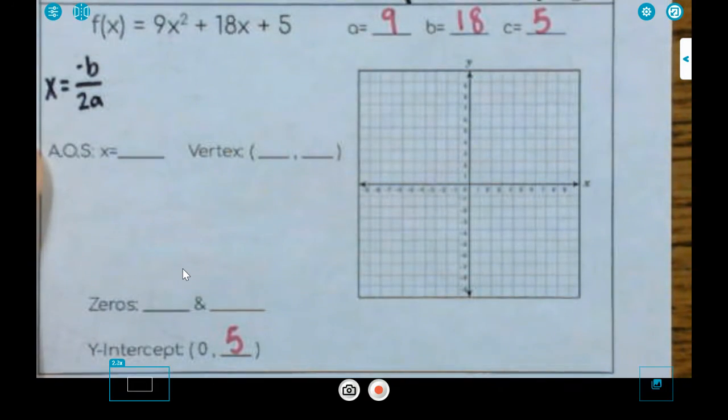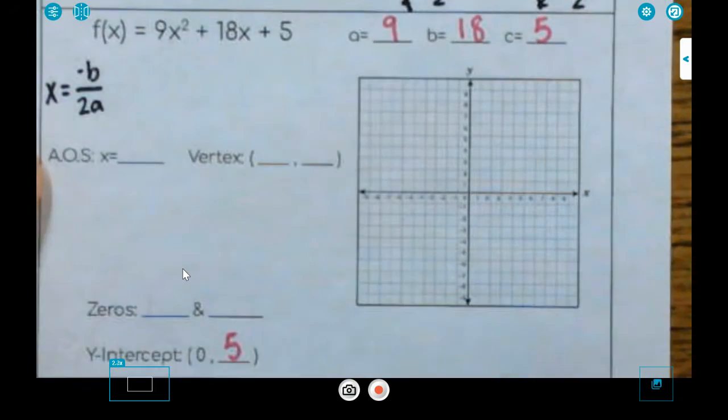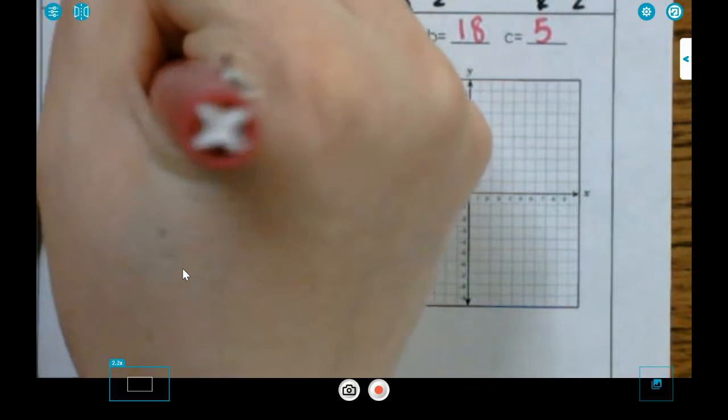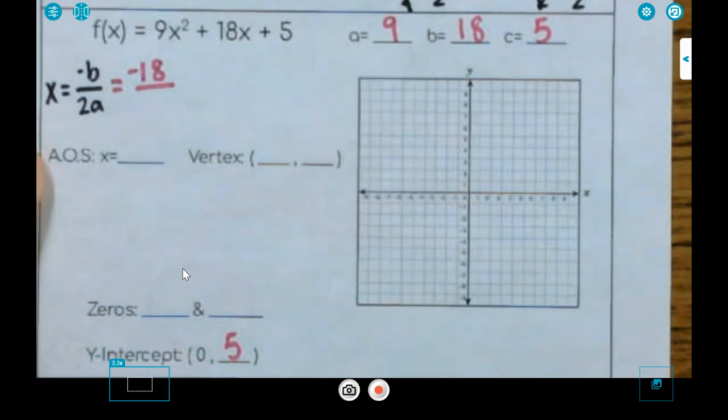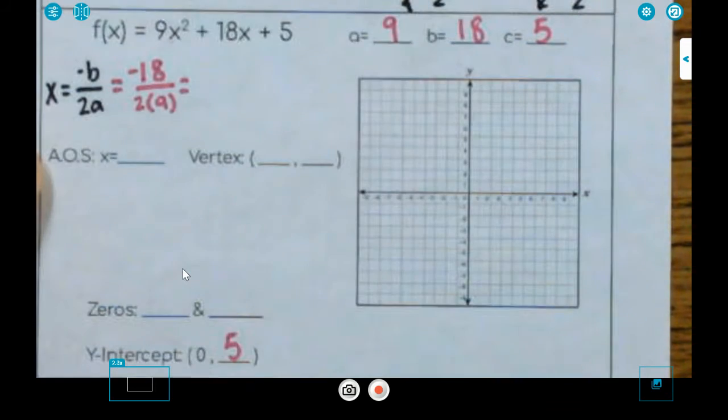Okay, I'm going to plug in my b value. My b value here is 18. So negative 18 will go on top. Over 2a will be 2 times 9. 2 times 9 on bottom is 18.